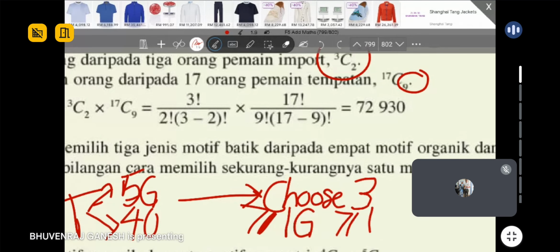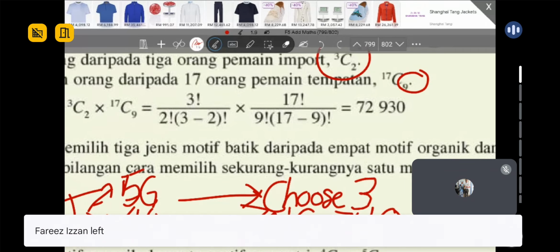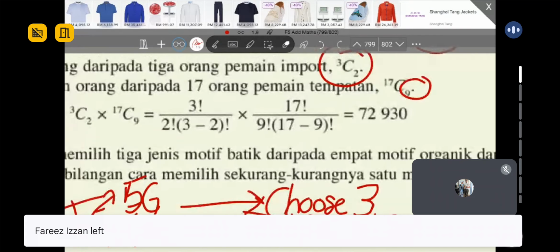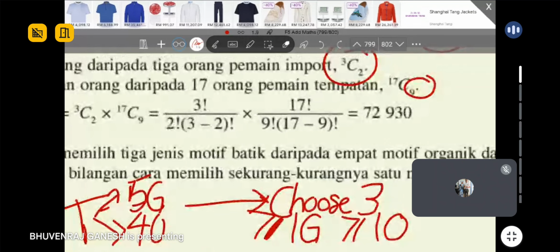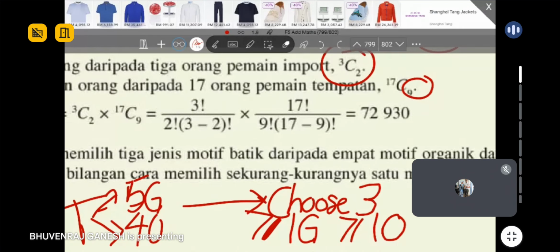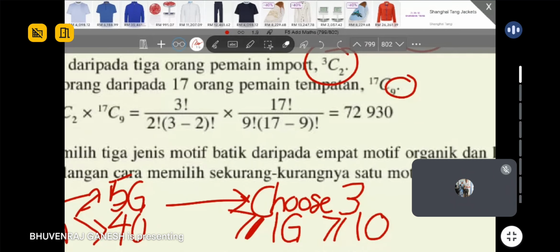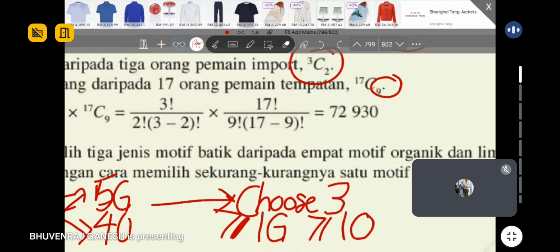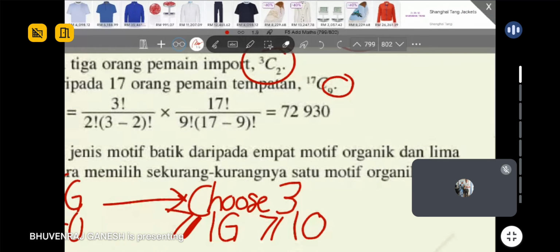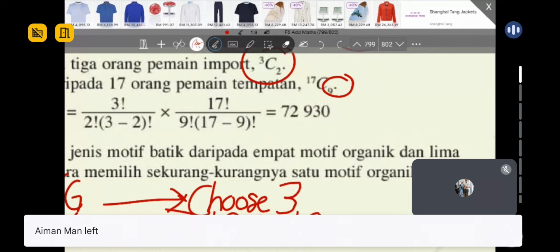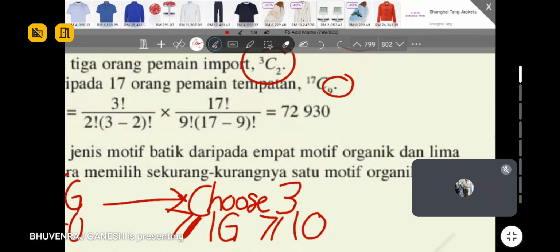Guys, how to answer this question? This question is one level higher, satu level lagi lebih tinggi. Sebab yang ni ada beberapa case yang kamu kena consider. There are a few cases. So guys, if you refer to this one, very simple. You just draw a table. One is for geometry, one is for organic.